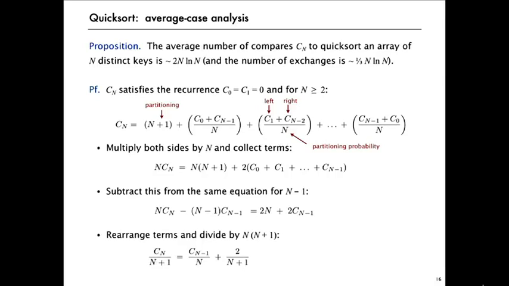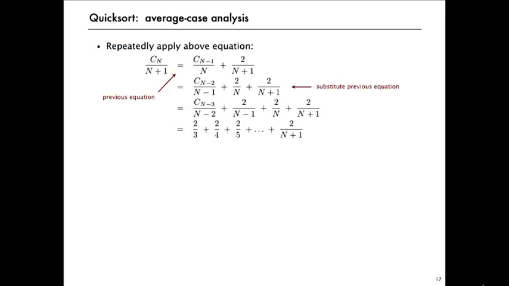Rearrange the terms. So we get n plus 1 Cn minus 1, and then divide by n times n plus 1. That's a kind of a magic step, but we'll see that makes it possible to solve the equation easily. Because that equation with Cn over n plus 1 equals Cn minus 1 over n is an equation that telescopes.